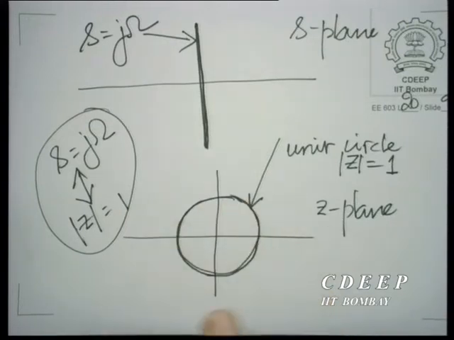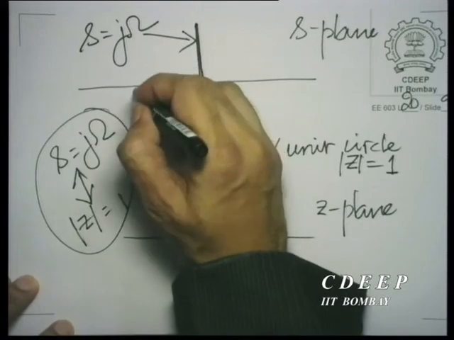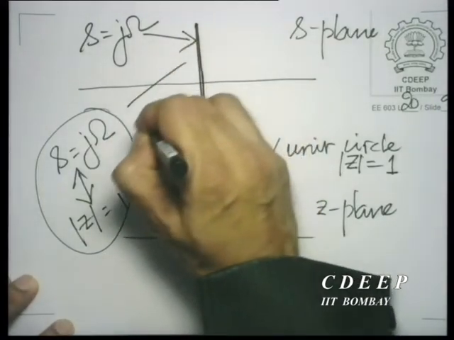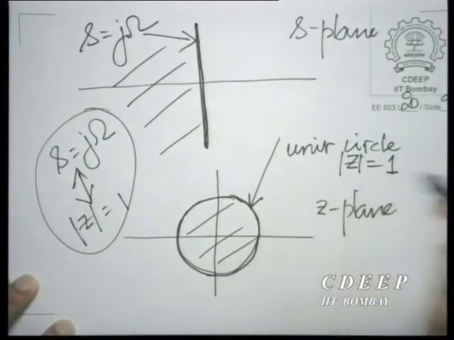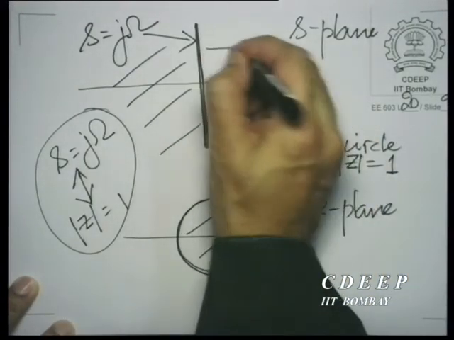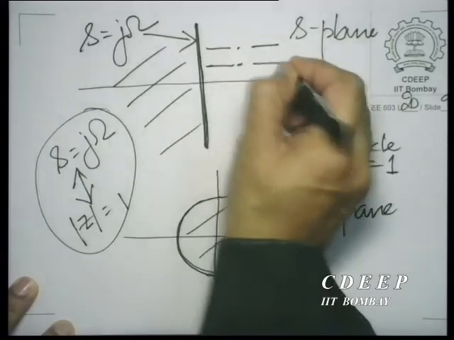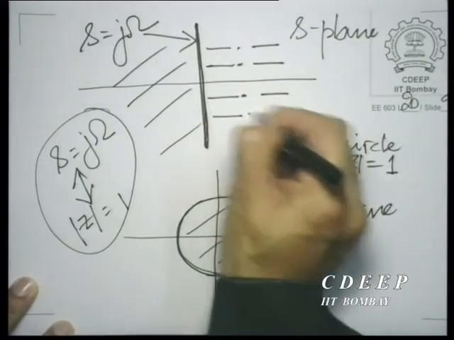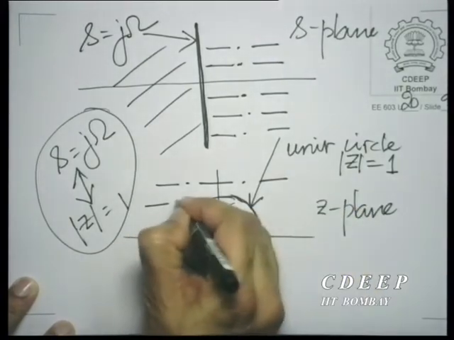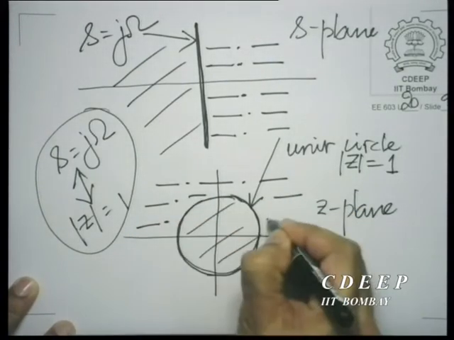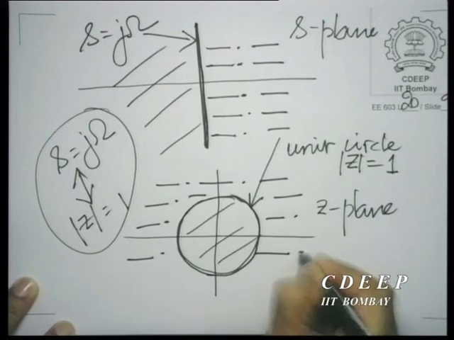But what is important for stability is that the left half of the S plane go into the interior of the unit circle and the right half of the S plane go to the exterior of the unit circle. This is what is important for stability.